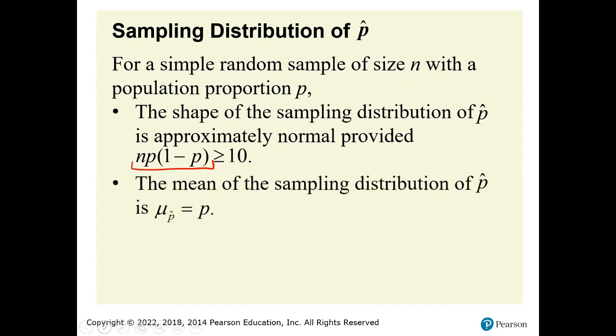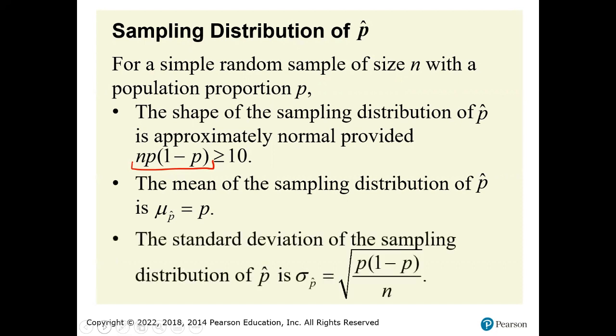The mean, mu p hat, of the sampling distribution is going to be equivalent to the population proportion. And then the standard deviation of the sampling distribution is going to be found by using the formula here: the square root of p times the quantity 1 minus p, all over n.